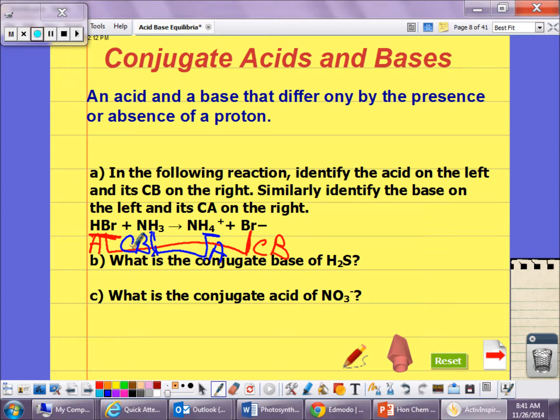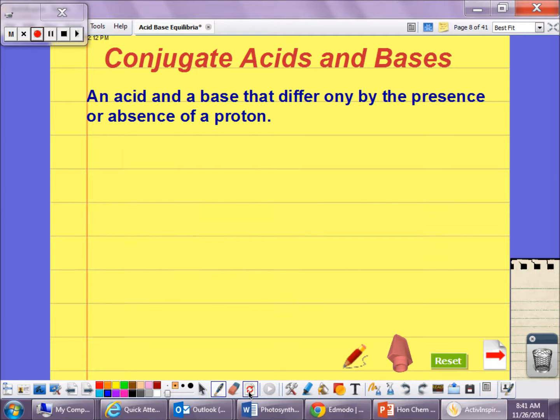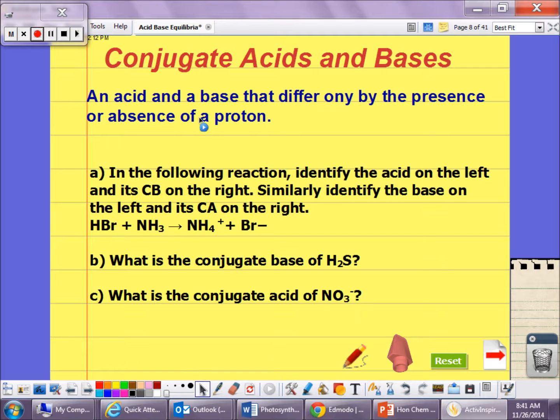What is the conjugate base of H2S? Let me reset this. They're talking about the conjugate base. All you have to do is take a hydrogen ion off.